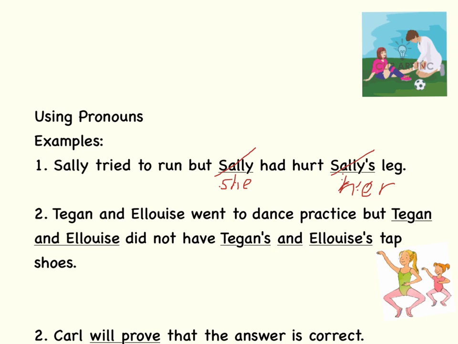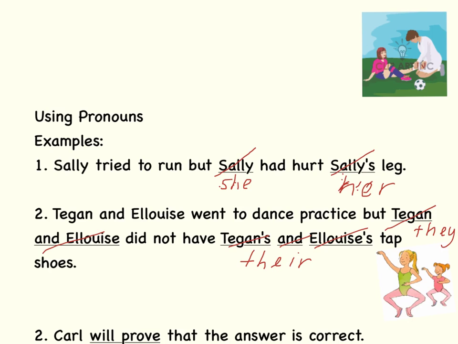So let's get rid of Tegan and Eloise and Tegan's and Eloise's. Now we'll just change that. Tegan and Eloise went to dance practice, but they did not have their tap shoes.